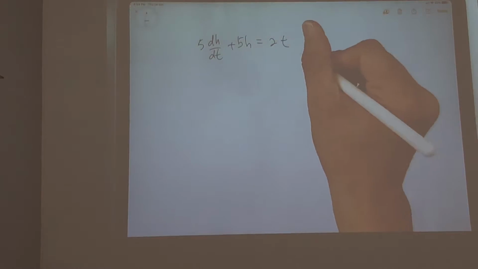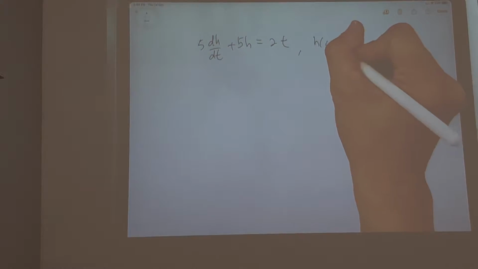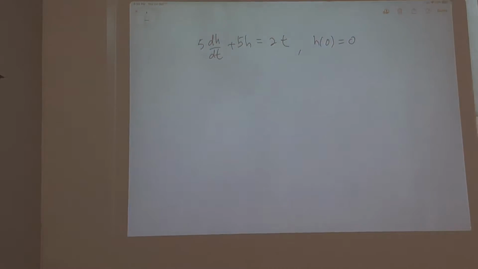The condition given to it is h(0) equal to 0. The function at time 0 does not always need to be 0, but to make it easier for us to calculate or show you the example, we always assume it as 0.